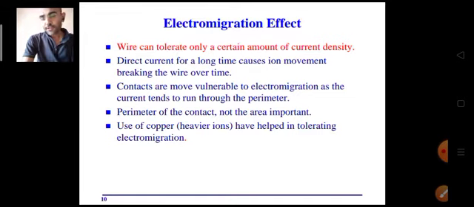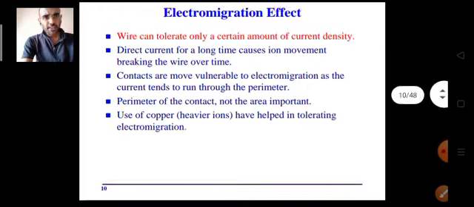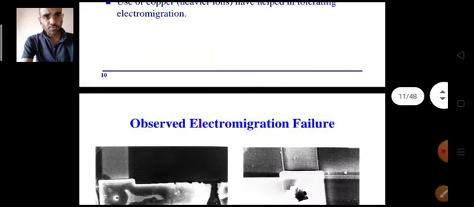If that continuously takes place, then you call it electromigration. So because of this high current density, the electron migration takes place. It is self-explanatory, there is not much to discuss in that.